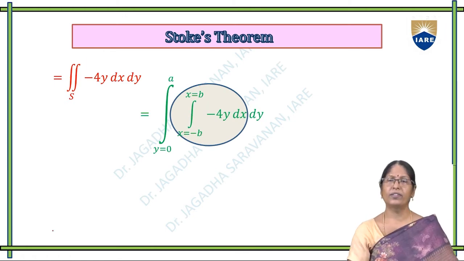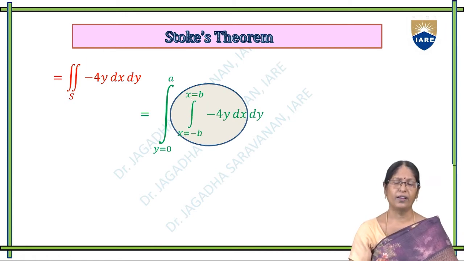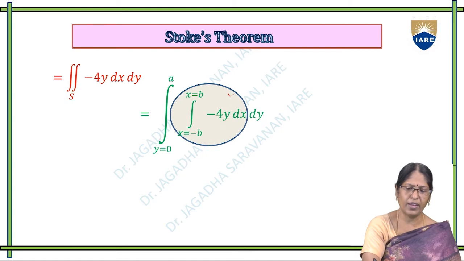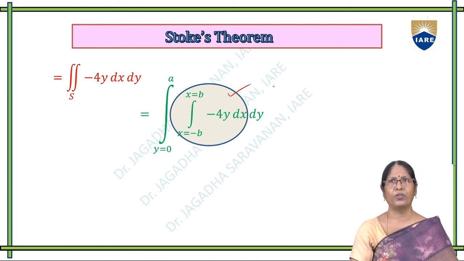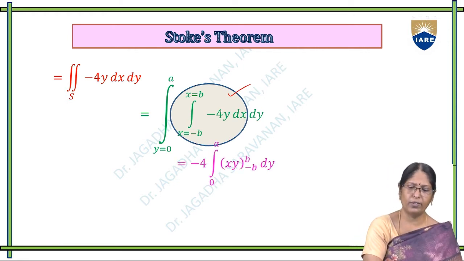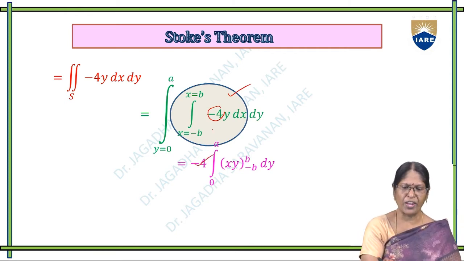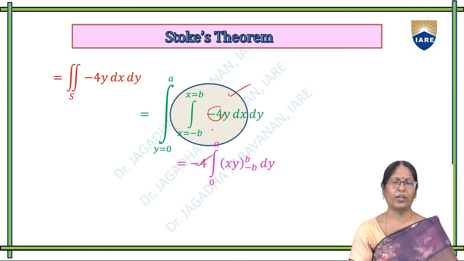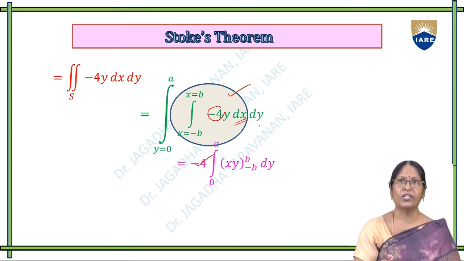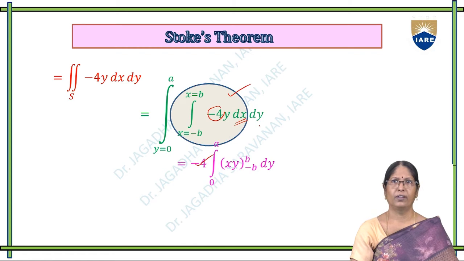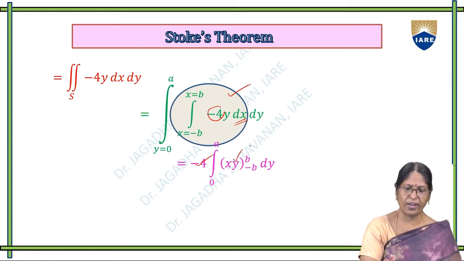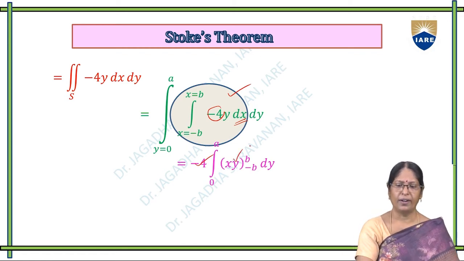Here, the interior integration is what we are going to focus on. With respect to x we are going to integrate, so this minus 4 we have taken out. The y also we can take out, nothing wrong in it, because we are integrating with respect to x, so y is treated as a constant.